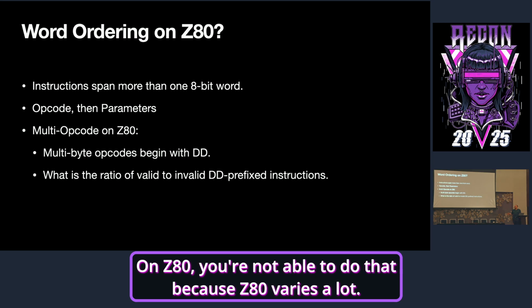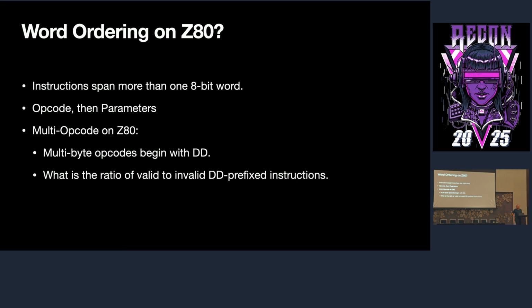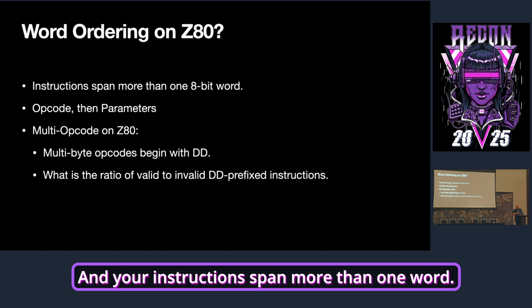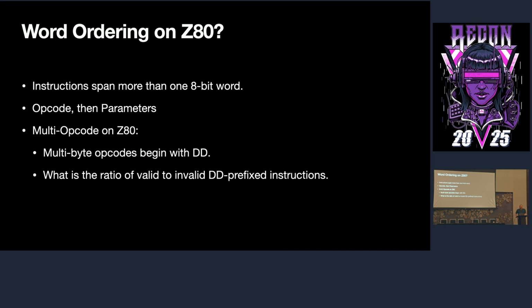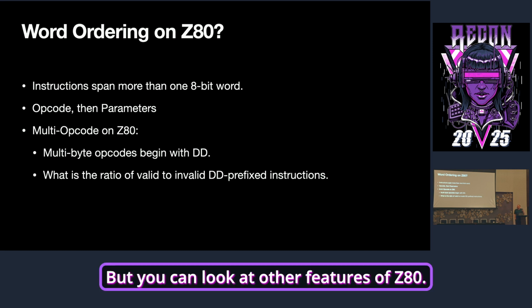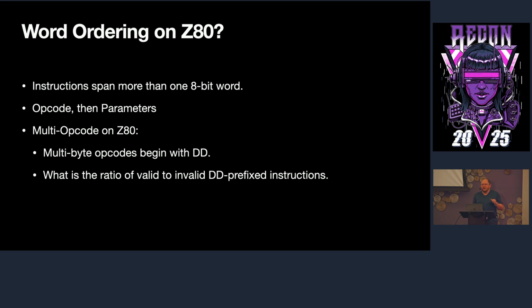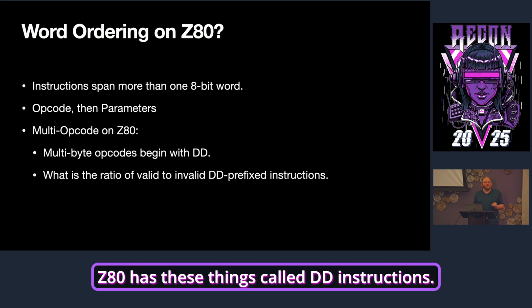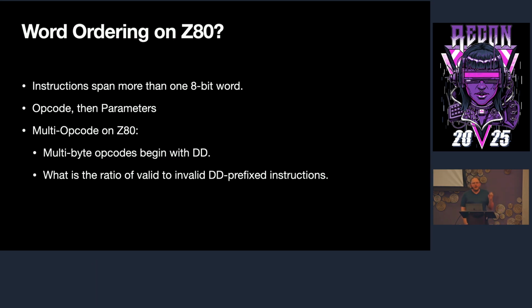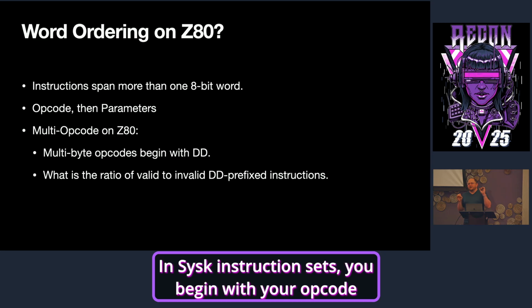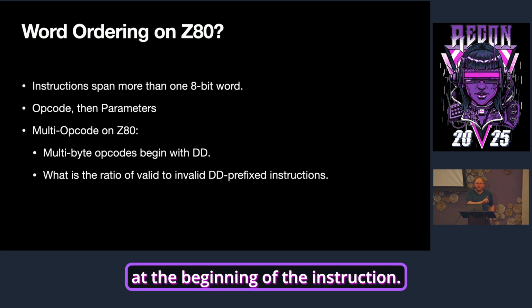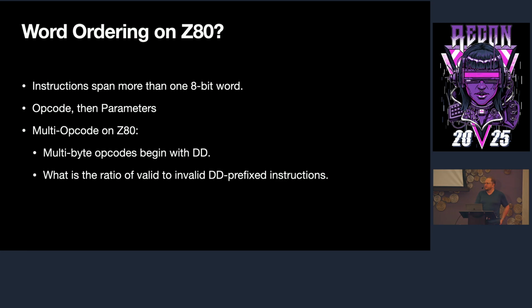On Z80, you're not able to do that because Z80 varies a lot and your instructions span more than one word. But you can look at other features of Z80. Z80 has these things called DD instructions. In CISC instruction sets, you begin with your opcode at the beginning of the instruction.